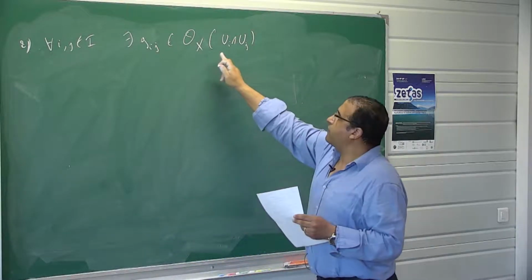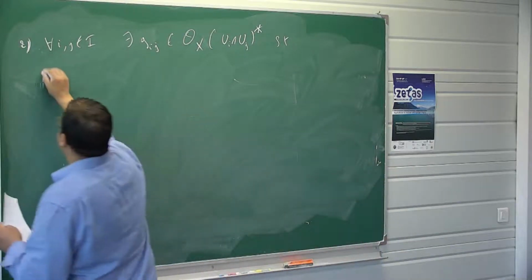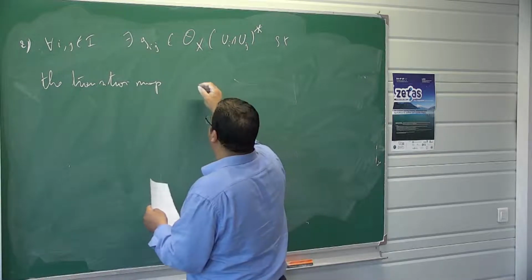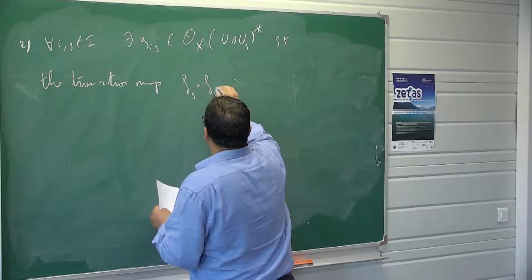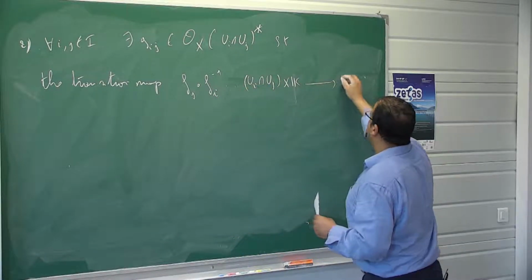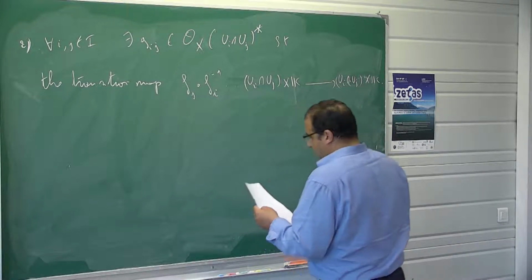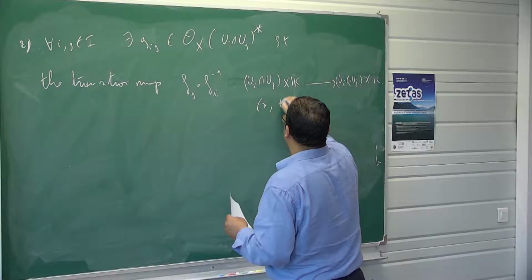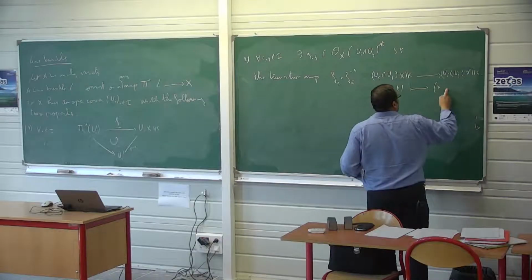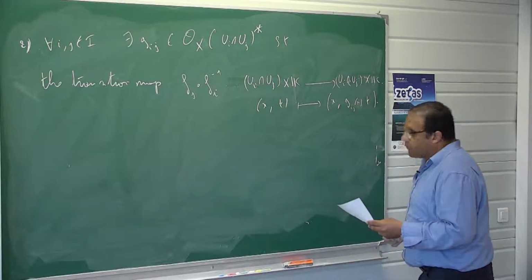This is the set of regular functions on this open and non-vanishing, such that the transition map defined by phi_j composed with phi_i^{-1}, from U_i cap U_j times K to U_i cap U_j times K, is given by: to the point (x, t), it associates (x, g_ij(x) t). Here x is necessarily the same, which comes from this commutativity.